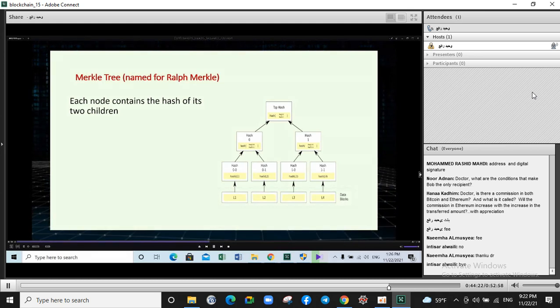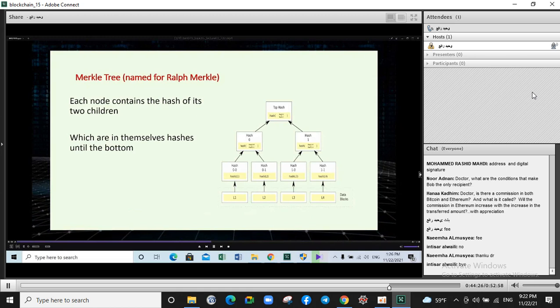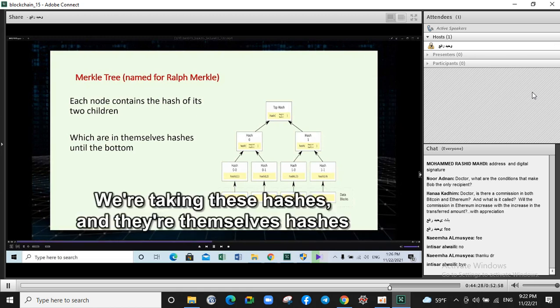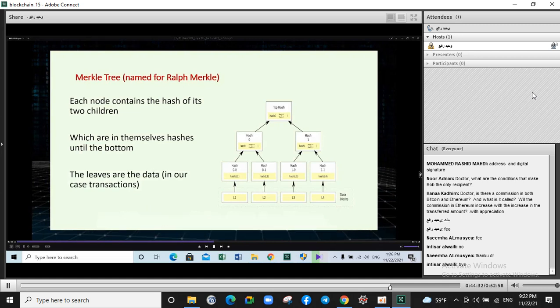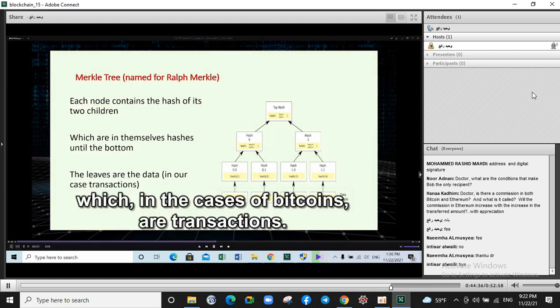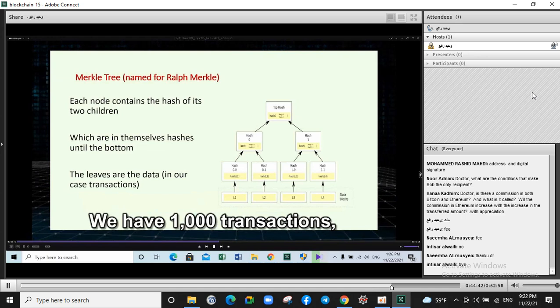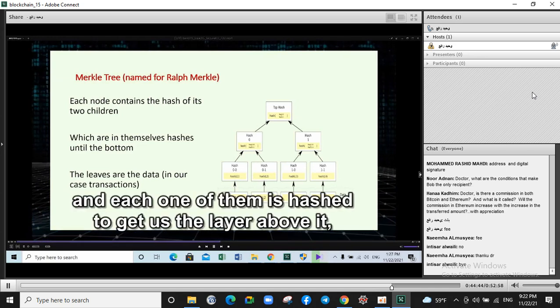So we're taking these hashes, and they're themselves hashes until we get to the bottom. The leaves at the very bottom are the data, which in the case of Bitcoin are transactions. Okay, so we have the transactions laid out. We have 1,000 transactions, and each one of them is hashed to get us the layer above it, and then they're put together in pairs, as in that picture there.